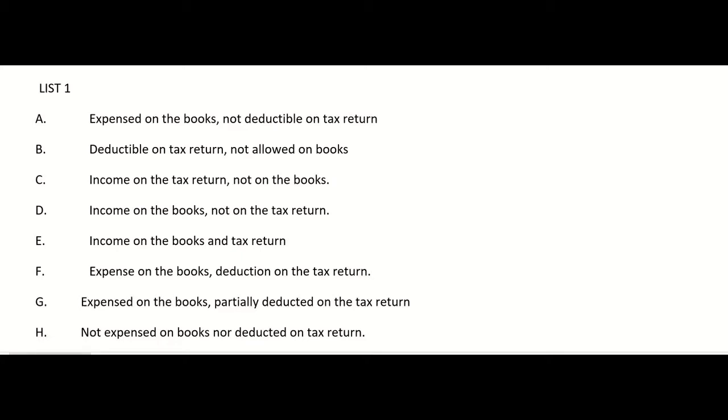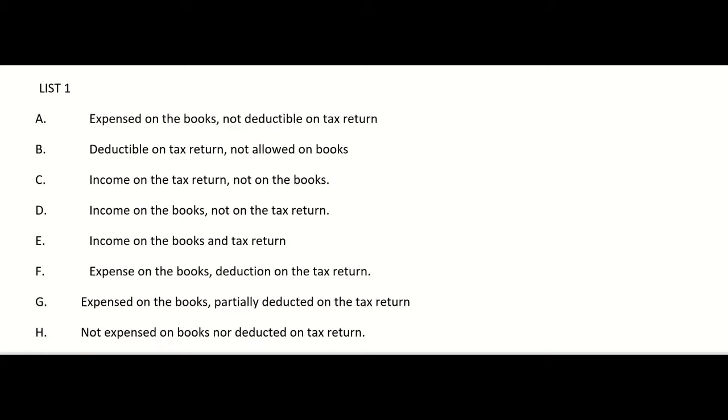Another example of letter D, income on the books but not on the tax return, would be good old municipal bond interest income, right? So if you receive income from, let's say, state of Arizona bonds, that interest income is tax-free. So it wouldn't be on the tax return, but it would be on the books. So letter D would be the answer if they showed you municipal bond interest.